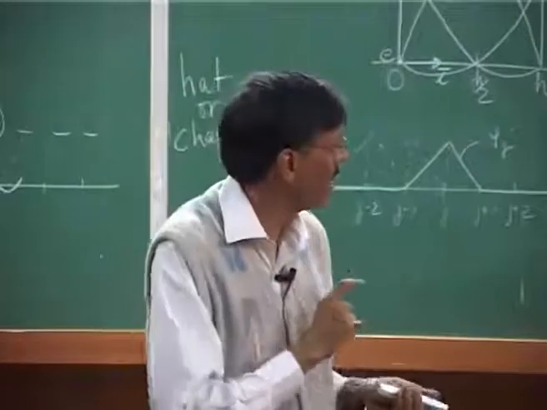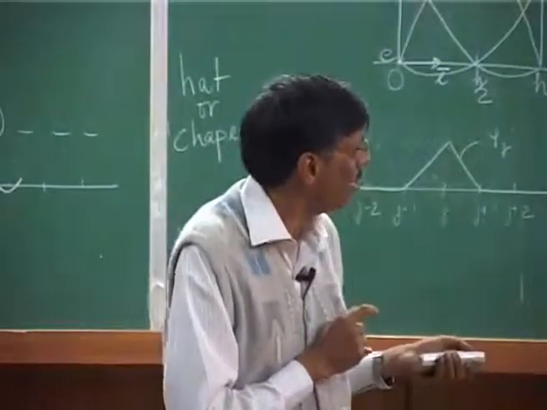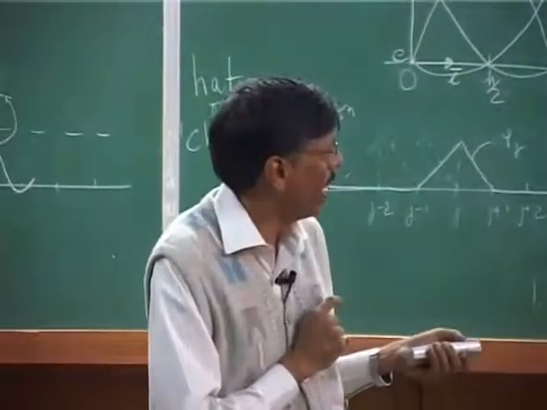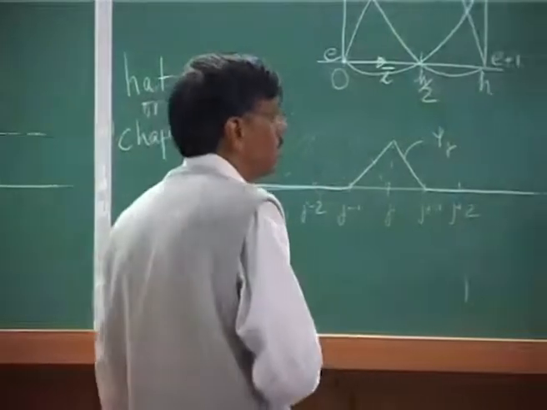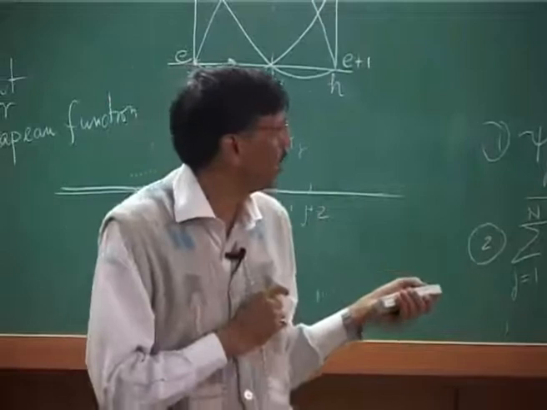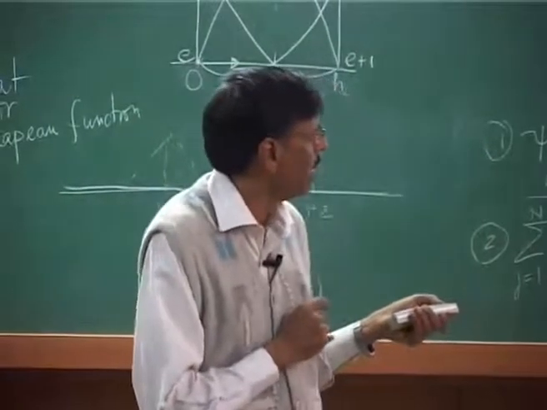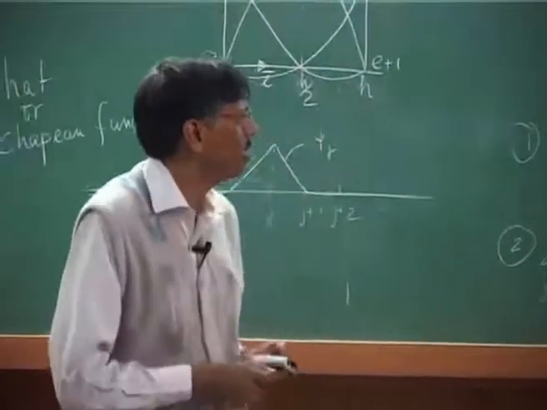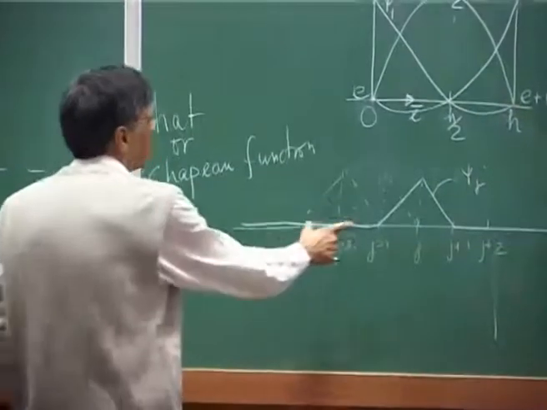So the resulting polynomials are not orthogonal to each other. And why do we do it? Because the discrete equation will be simpler and only the neighboring elements will interact with each other.